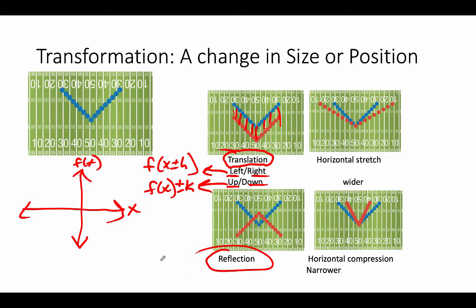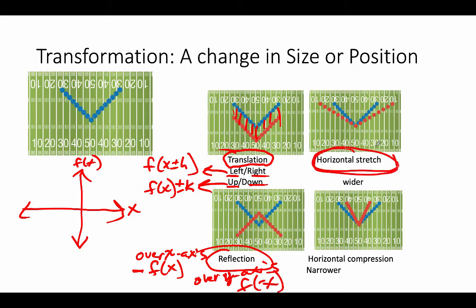A reflection over the x-axis, so again, that's up or down, means we negate the entire function. If I make all the positive y's negative, I'm going to bounce them down. A reflection over the y-axis is when I'm going left and right, which means I'm making the x value negative, okay?